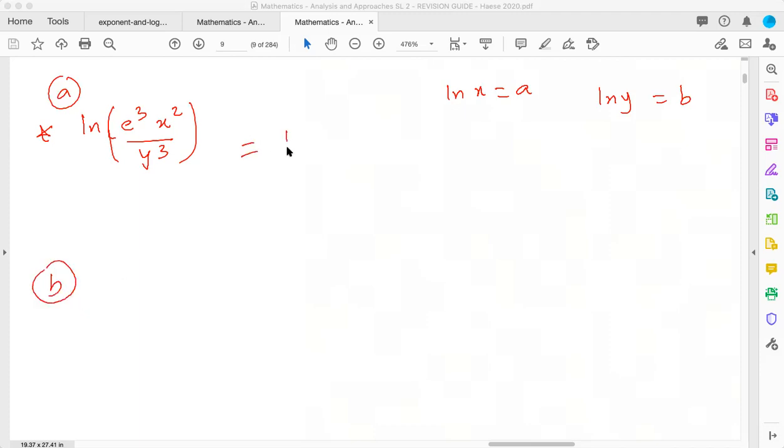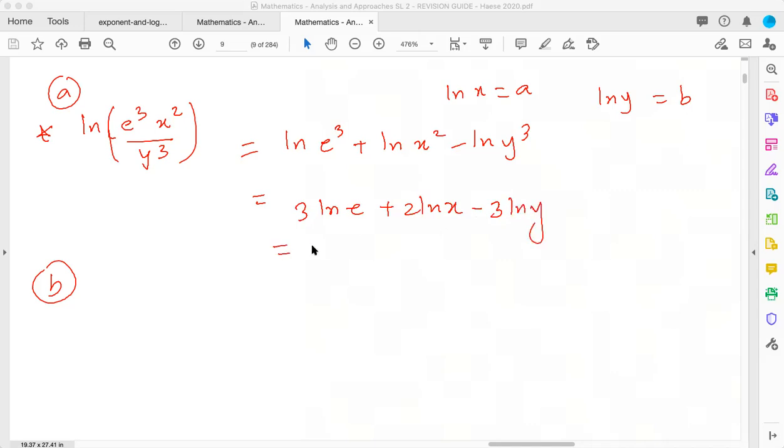I can write this as ln e cubed plus ln x squared minus ln y cubed. And this becomes 3 ln e plus 2 ln x minus 3 ln y. So this is 3 plus 2a minus 3b. This is the answer for this expression.